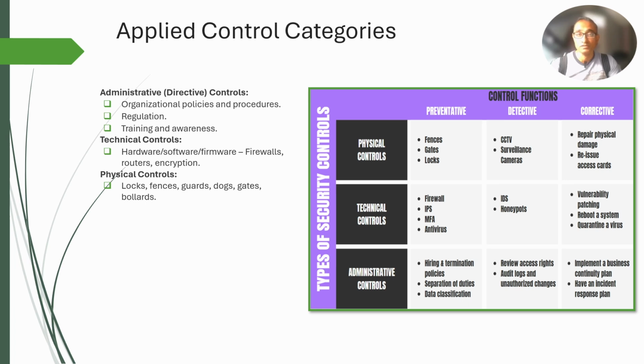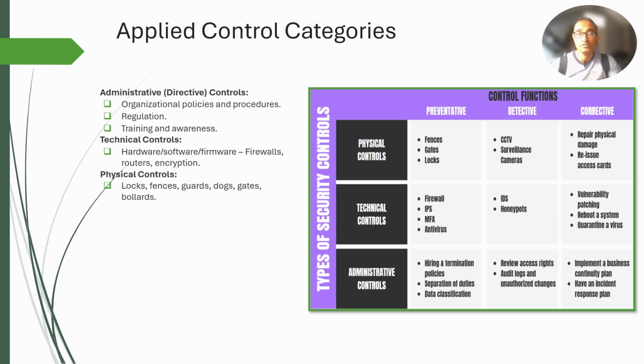Administrative controls, for example, deal with your organization's policies and procedures. What is your policy to invite an external vendor? What is your policy to onboard an external vendor into your data center? So these are administrative controls.